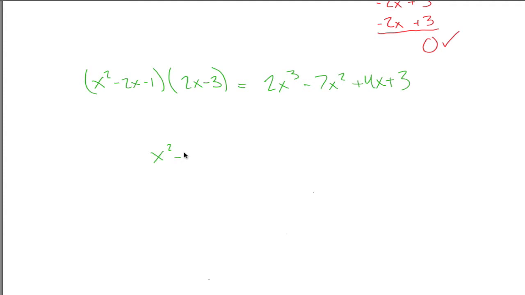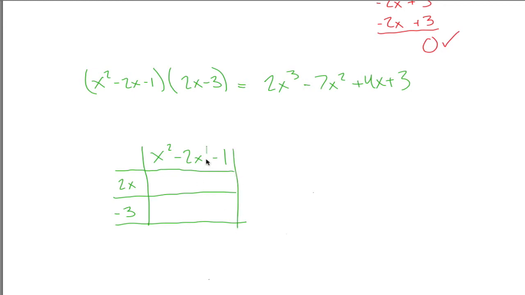So let's see, when we're multiplying polynomials, there's a couple ways you can do it. The way I prefer is this box method. It helps keep everything organized. Make sure you multiply all the terms you're supposed to multiply. So what we got to do is fill in these 6 boxes. 2x times x squared.